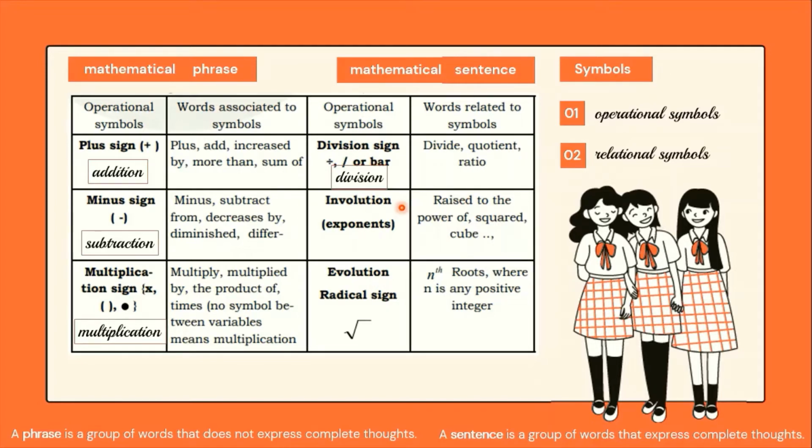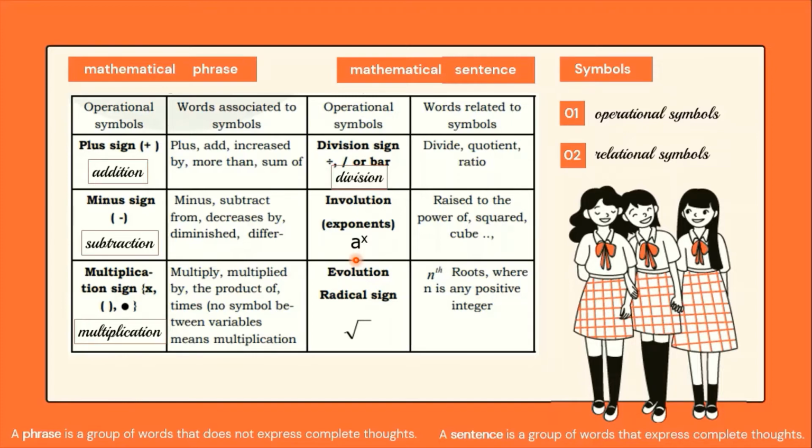Aside from the four fundamental operations in mathematics, we also have involution and evolution. When we say involution, this refers to exponents. Ito ang itsura ng exponents. Ito yung kanyang form. A is the base and X here stands for the exponent. Ang exponent ay sinusulat ng mas maliit kaysa sa kanyang base at ito ay nakapwesto sa upper right corner ng base.